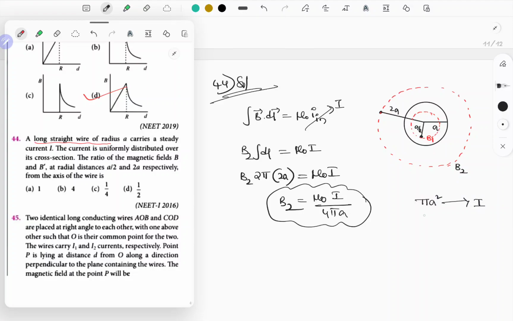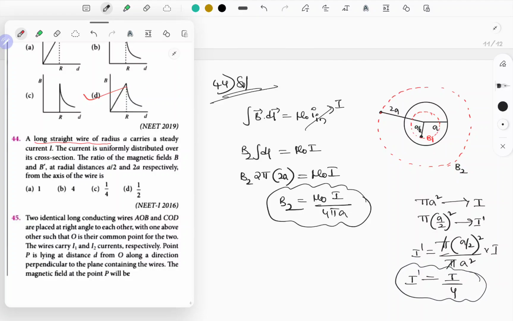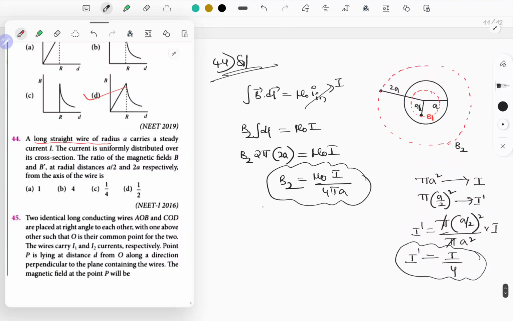I. Then for pi a by 2 square area, what's going to be the current? I have to find that inside current, I dash. We know the procedure, I've been using this trick for proportional relations. So it's going to be pi a square, pi will get cancelled into I. A square also will get cancelled. Now the current flowing through the loop of radius a by 2 is I by 4.